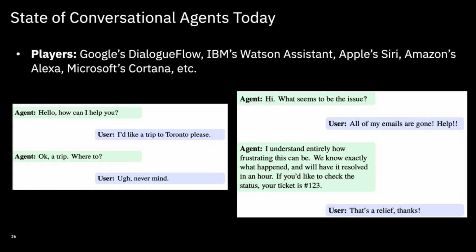If you like to check the status, your ticket is number 123. And the user says, that's a relief, thanks. Now, the point here is that the provided information can be useless if it's not connected to an API. So the ticket 123 is either data leakage or could be fabricated.